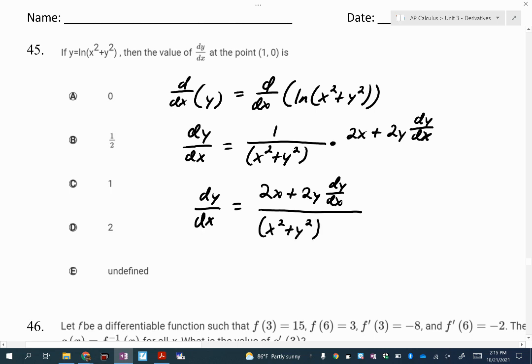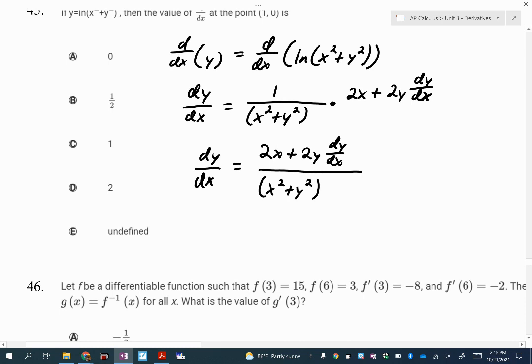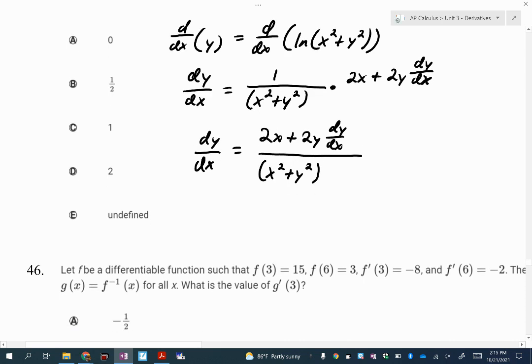All right, let's see what I want to do here. Yeah, I want to move the x squared plus y squared to the other side. So I get dy dx times x squared plus y squared equals 2x plus 2y times dy dx. I'm going to distribute, let me rewrite that again.